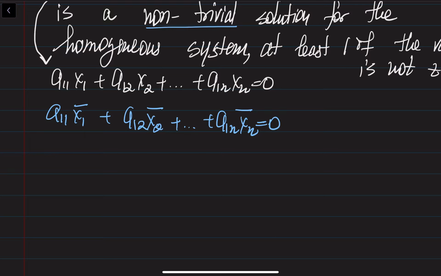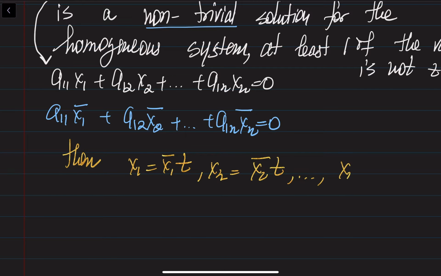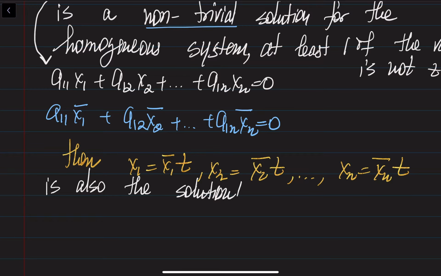So if this is a solution of the system of equations, then x1 is equal to x1 bar times t, x2 is equal to x2 bar times t, and so on, xn is equal to xn bar times t is also a solution of the system of linear equations, for any value of t which is a real number.